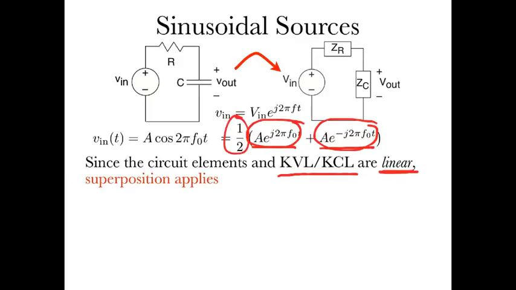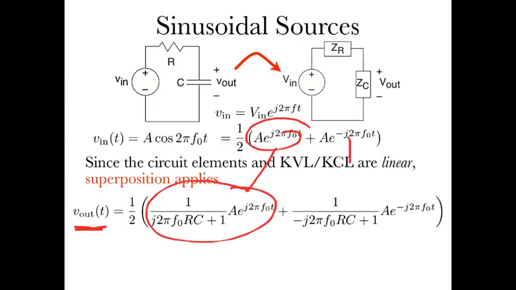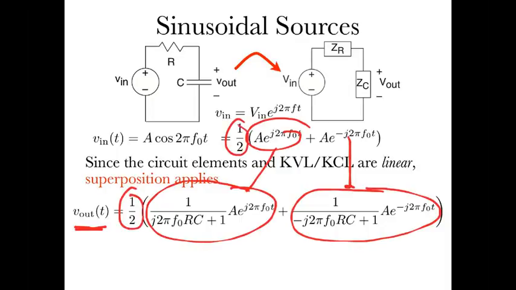So, we're done. Based on what we already know, we know that the output voltage, and notice this is lowercase v, is the output to the first term plus the output to the second term, added up, and since there's a weighting factor of 1/2, it goes there too.